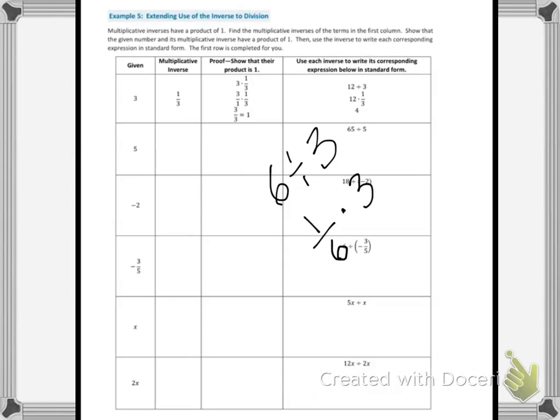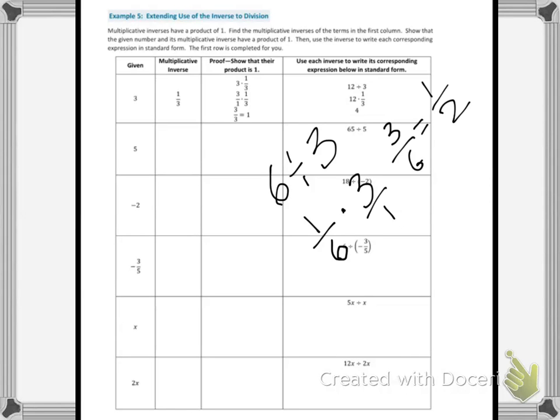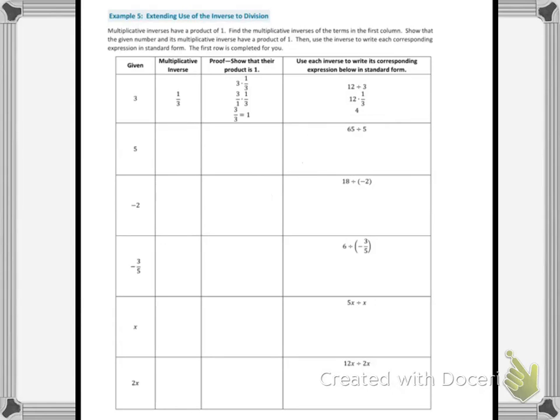It's not going to give you the same answer, because in this case you'll get 3 over 6, which is 1/2. It doesn't work that way. Very, very important is that you are taking the reciprocal of that second value, or the divisor. But anyway, we're going to extend the use of the inverse to division.